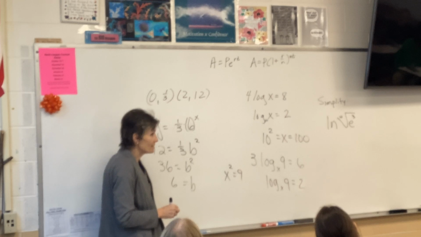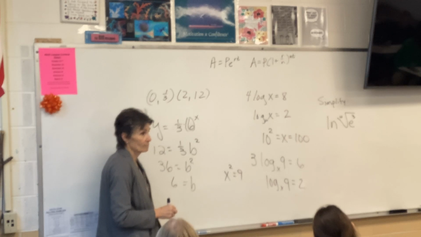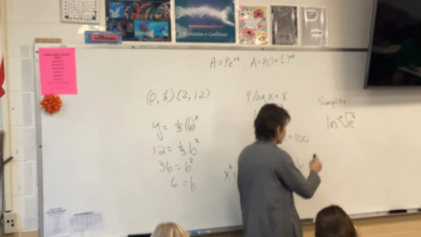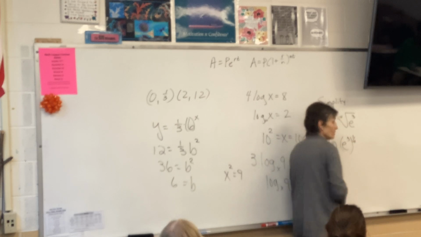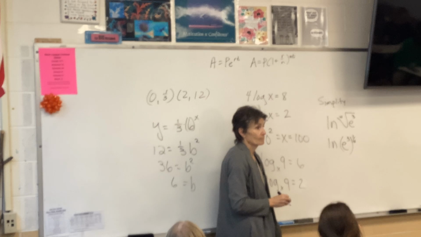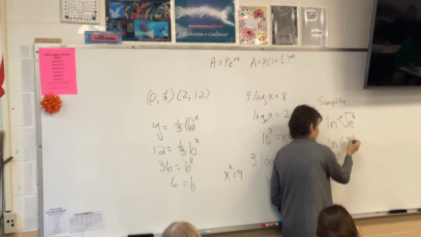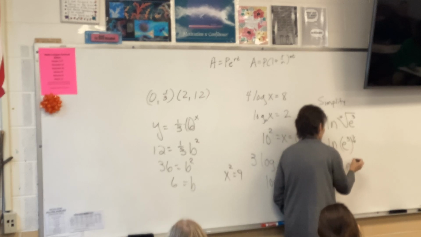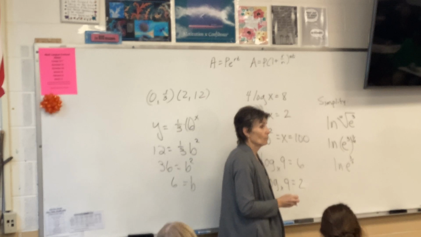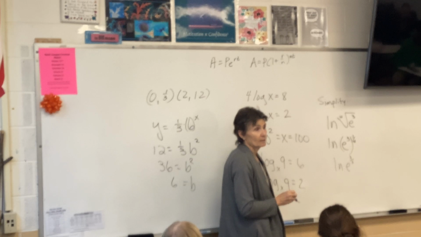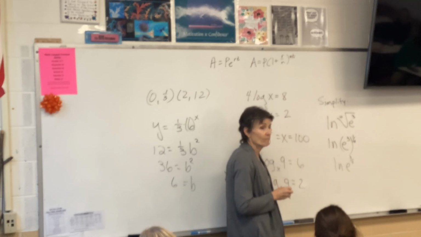No, it does not mean negative. 4th root means an exponent of 1/4. So this is e to the 3rd to the 1/4. What do I do with those exponents? Multiply, so e to the 3/4. But now look, what do I have right next to each other? An ln and an e. So the answer to the problem is 3/4.